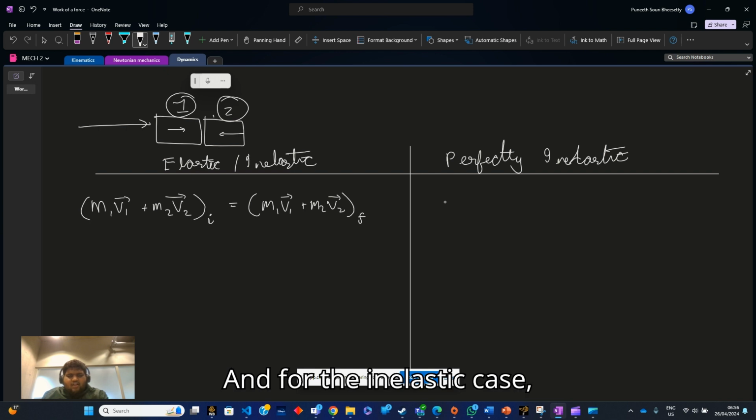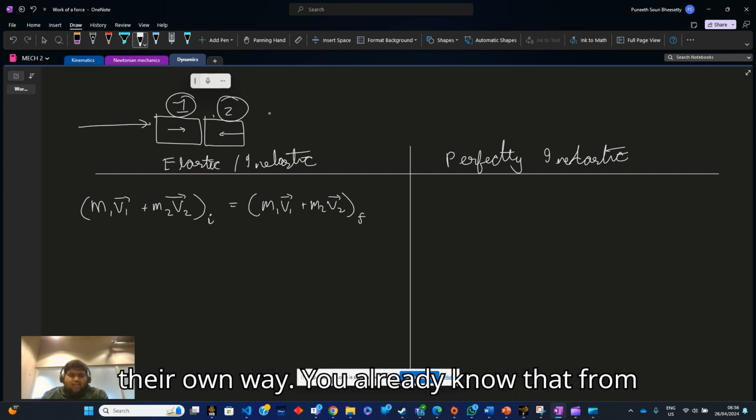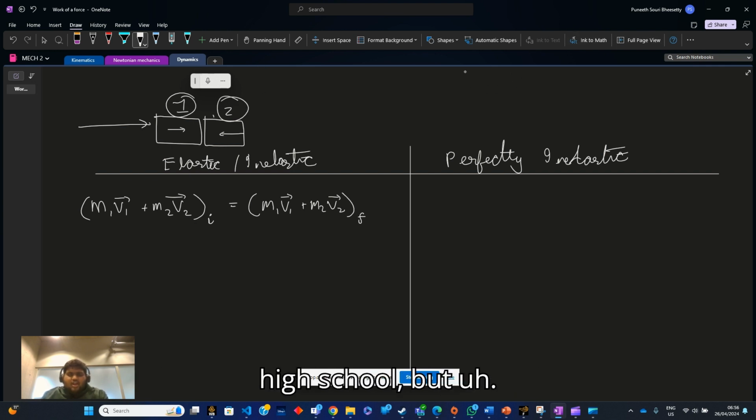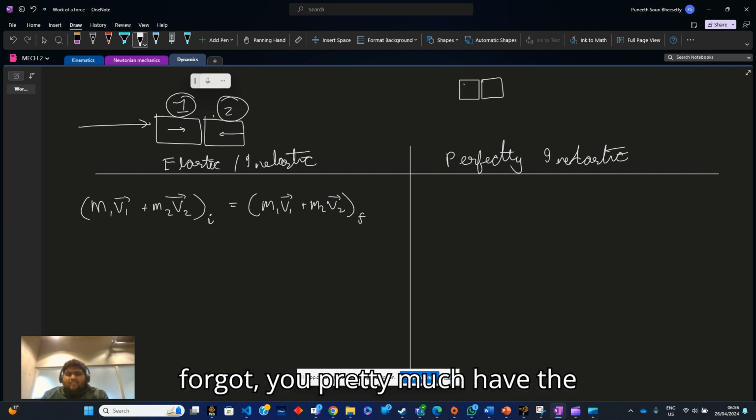And for the elastic case, think of it this way: these blocks are going to bounce off of each other and go off on their own way. You already know that from high school. But in a perfectly inelastic collision, in case you forgot, both blocks stick together and move in one direction.